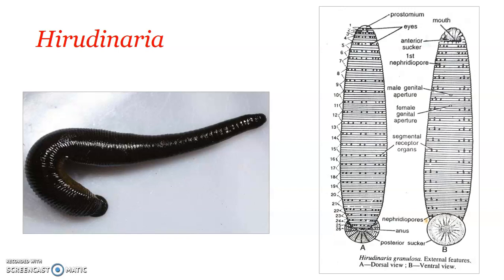Hirudinaria has a soft, vermiform, elongated, dorsoventrally flattened body, broadest near the posterior end and narrowest at the anterior end. It is capable of great alterations in form and proportion, being ribbon shaped, very narrow and flattened when extended, and almost cylindrical when contracted.